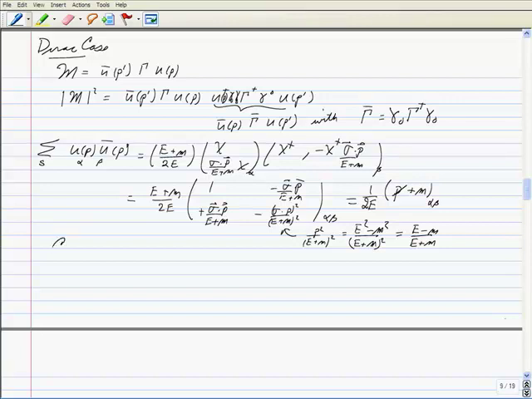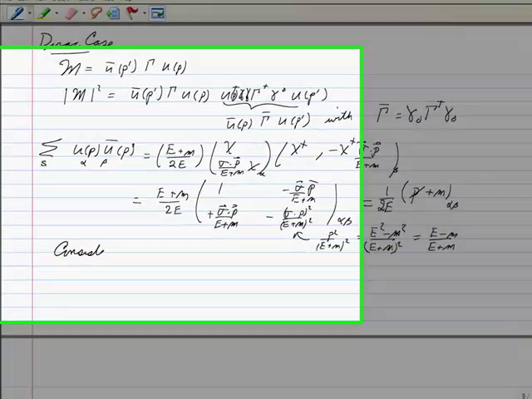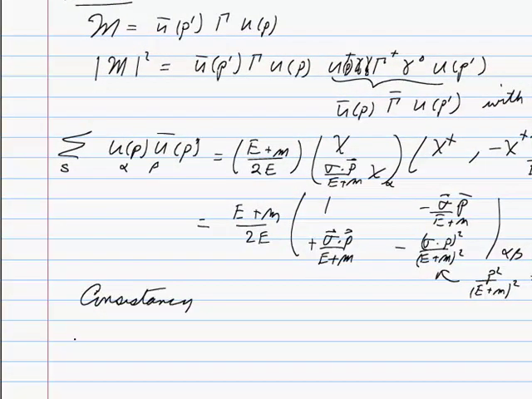Okay, consistency says if I have p slash minus m on u of p, that had better equal 0, just because p slash minus m on u of p equals 0. And so if I take p slash minus m on this, I get p squared minus m squared, which is 0.